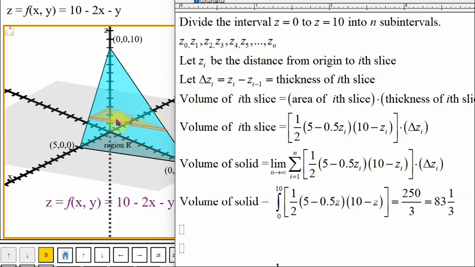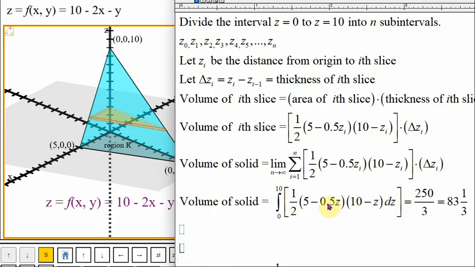And if we have an infinite number of slices, then the volume of the solid will be written like this, with n running to infinity. And just like before, if this limit exists, we define it as the integral from 0 to 10 of 1/2 times (5 minus 0.5 z) times (10 minus z) dz.